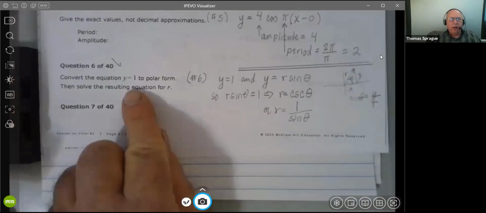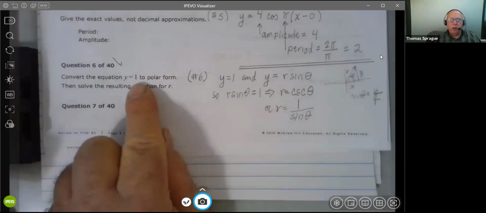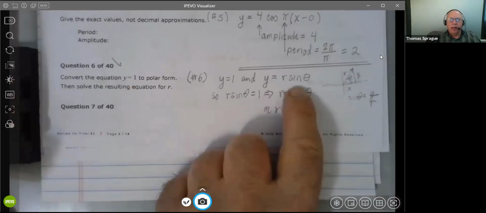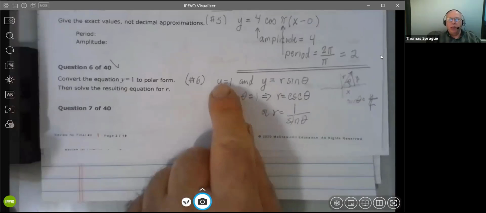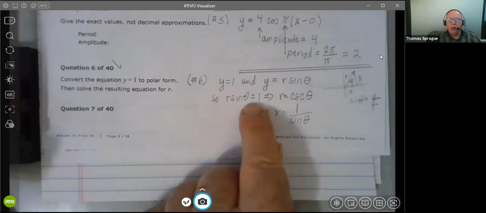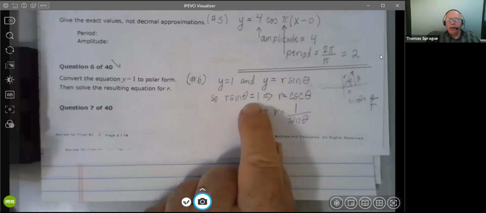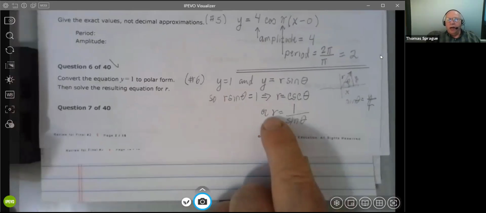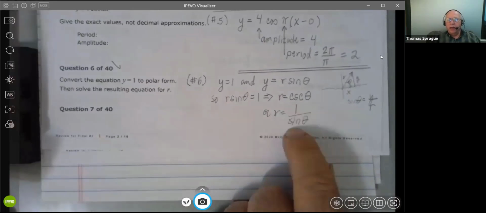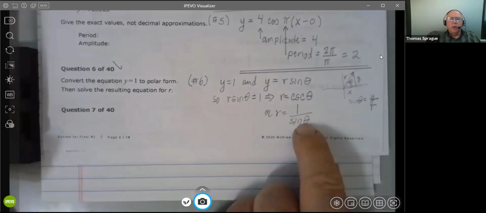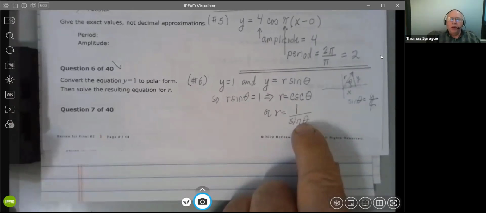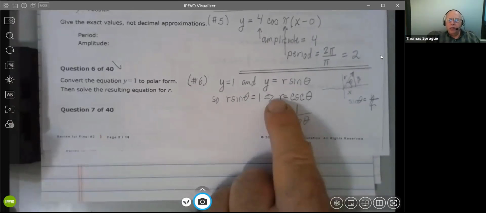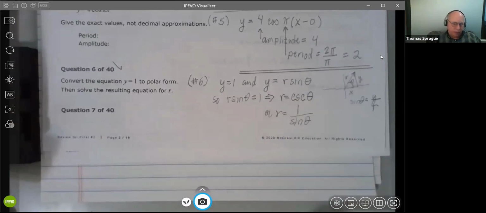Well, there is. Y equals 1, change that to polar form. Well, y is r sine theta. So y equals 1 means the same as r sine theta equals 1. Divide through by the sine of theta, and you get r equals 1 over sine theta. Or you get r equals 1 times cosecant of theta.